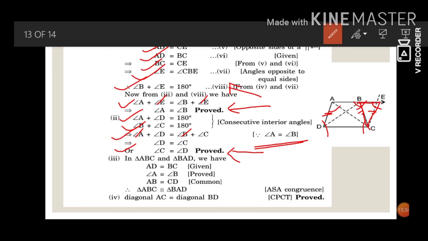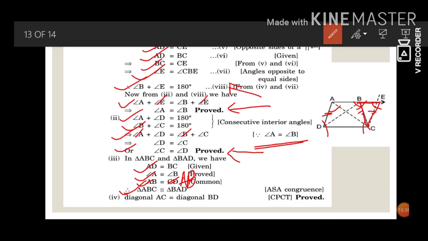Lastly, we have to prove that the triangles ABC and BAD are congruent. We have AD is equal to BC, that is already given in the question. We have proved that angle A is equal to angle B in our first subpart, and AB is equal to AB as they are common.